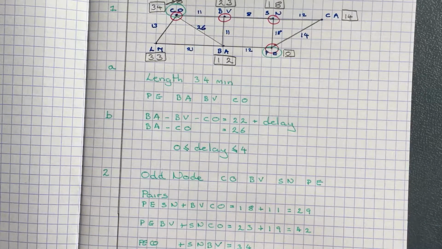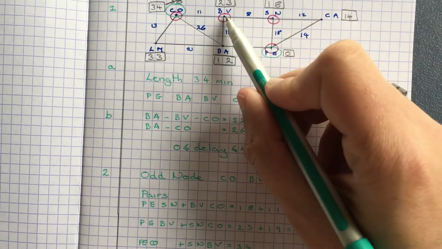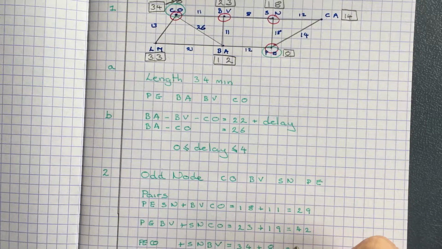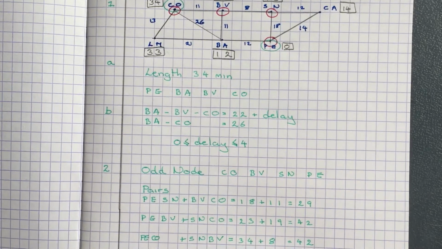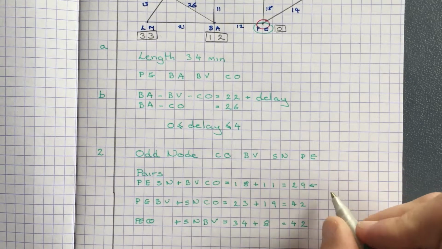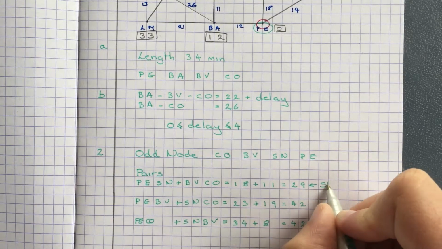And then we've got SN to BV, which is 8. And that again is 42. So we need to identify our smallest, which is this one. So that's our shortest.